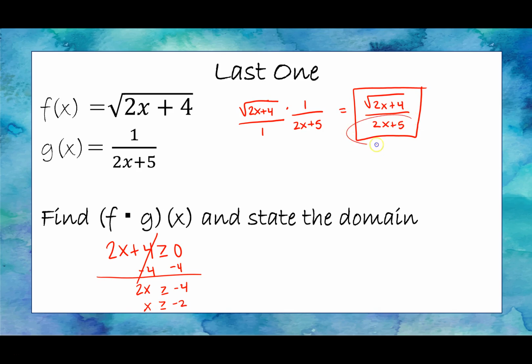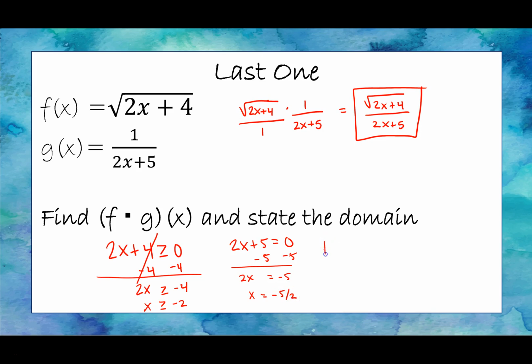But I also know that my denominator cannot be 0. So I set 2x plus 5 equal to 0, subtract 5. Okay, and I get 2x equal to -5, and then I get x cannot be -5 divided by 2.